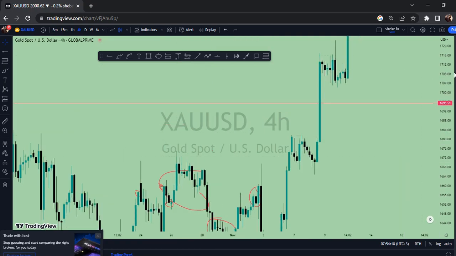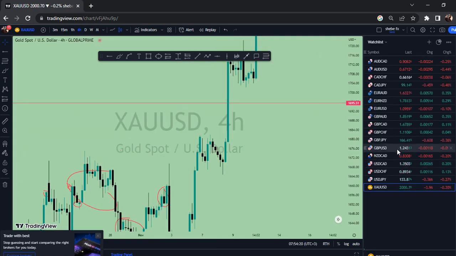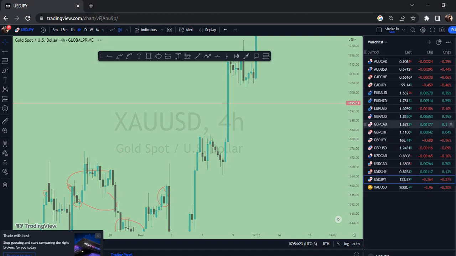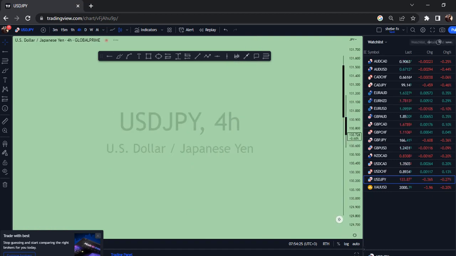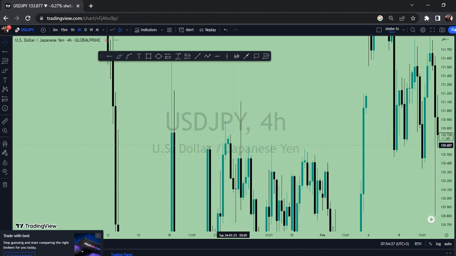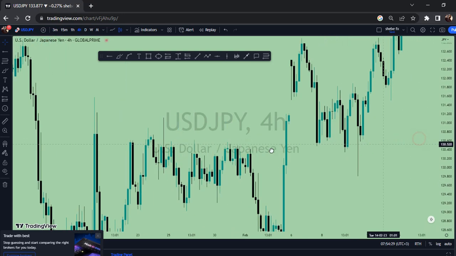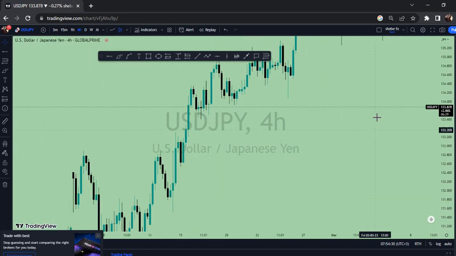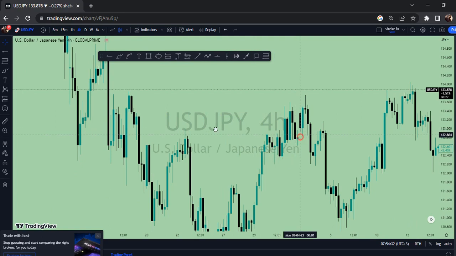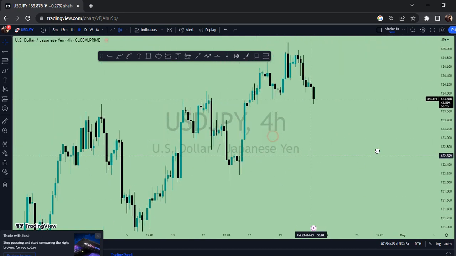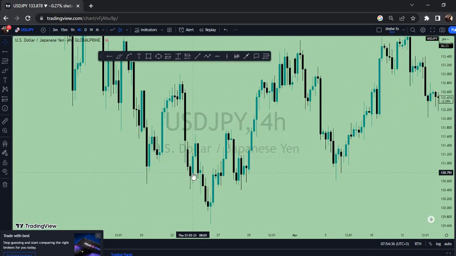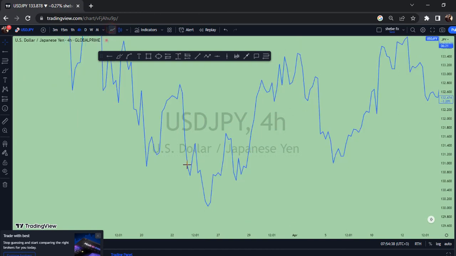If you look at another trade, let's say take a look at this one. If you look at the GBPJPY using a line chart, this was low, this was high, this was low, then the price broke over here.